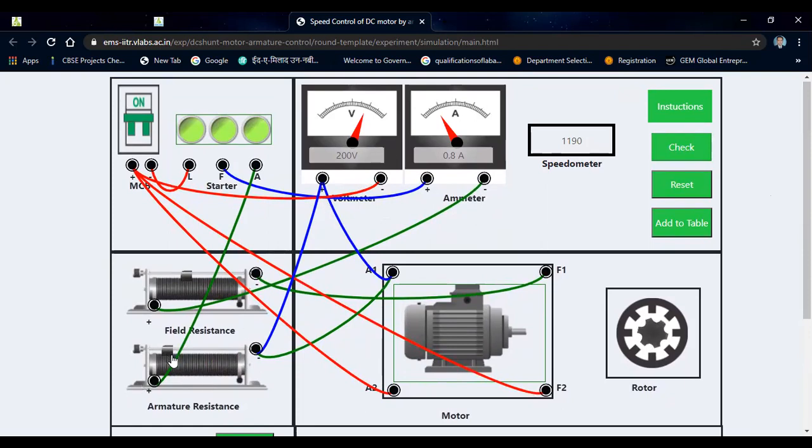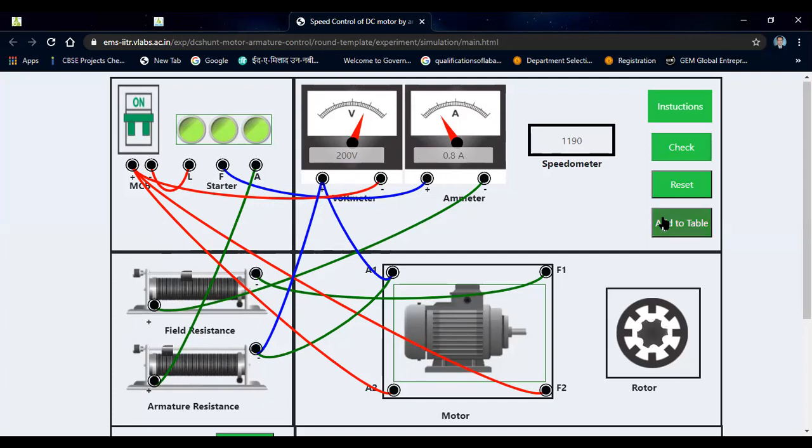When the resistance increases, current will decrease, and hence the voltage drop decreases. When the resistance decreases here, current increases, voltage drop increases, and the voltage across the armature will decrease, so we get less voltage, but the field current remains constant.